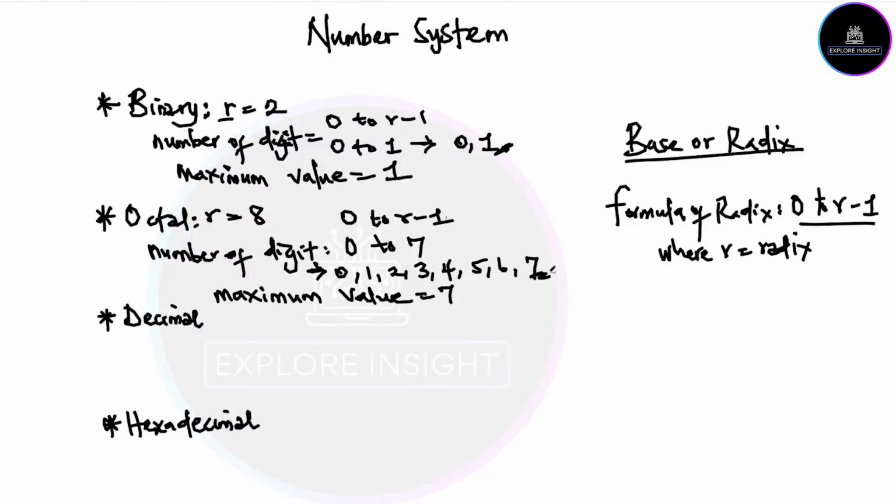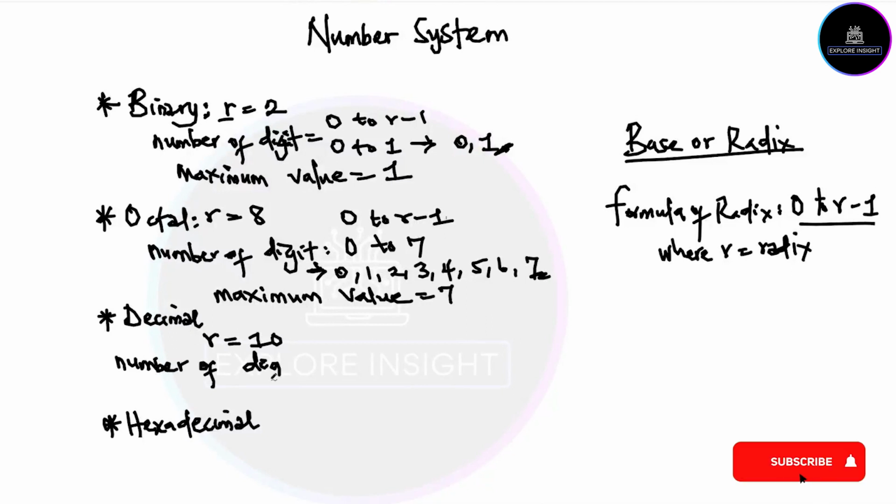Now, let's consider the decimal system. In the decimal system, the radix is 10. For the number of digits, we are going to have 0 to 9, where r minus 1 is 10 minus 1, giving us 9.